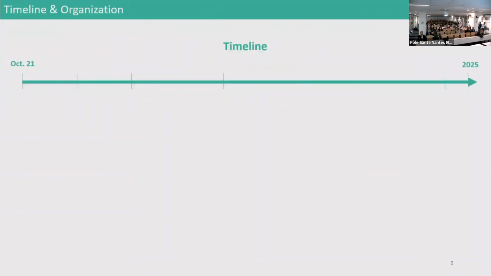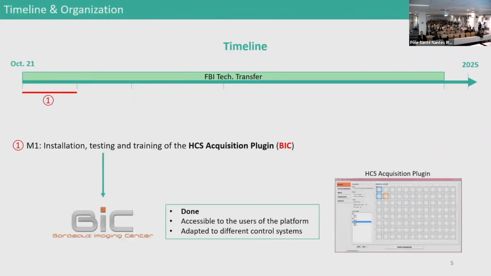So now a little bit of timeline for this project. It started in October 2021, and the first step was to transfer the plugin to the Bordeaux Imaging Center and to train and test this plugin to make it accessible and usable for the users of the BIC.